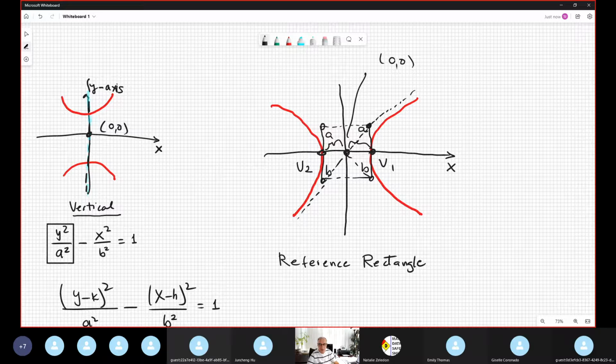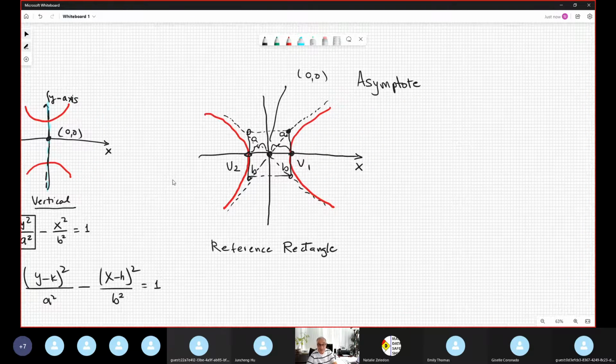It's because any hyperbola has two asymptotes, of course, lines. And the equation of these asymptotes is, in this case, y equals plus or minus b over a times x, because b over a represents the slope of this line.